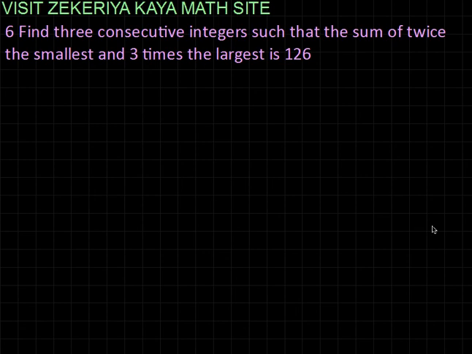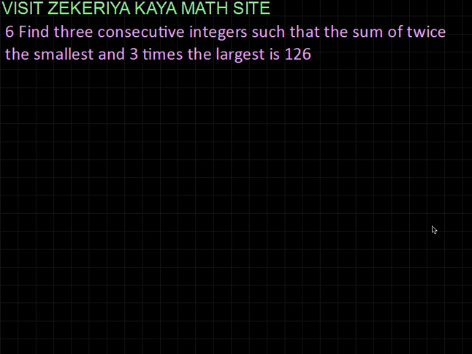Remember that when I give a question with consecutive integers, even consecutive integers or odd consecutive integers, mostly the sum of all the numbers is given. But in this question, something else is given.